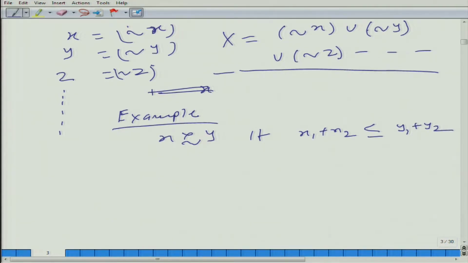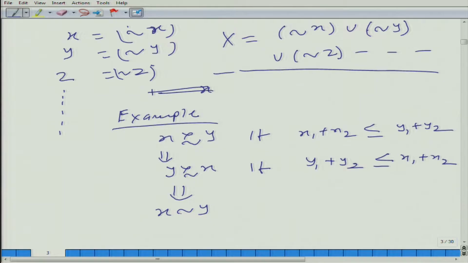Now, what we can do from here, we can figure out that y is at least as preferred to x if y1 plus y2 is less than or equal to x1 plus x2, fine. And if we combine these two, if both of these two are true, then what do we get? A person is indifferent between x and y if x1 plus x2 is equal to y1 plus y2.